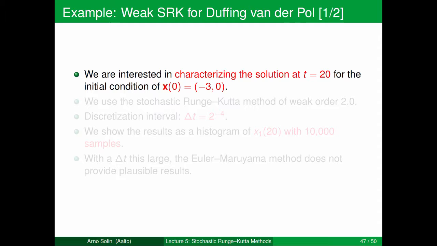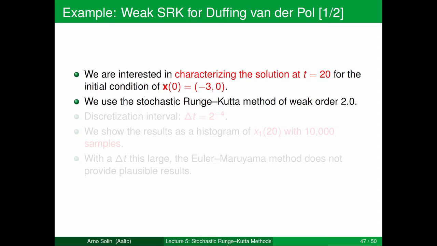The point is -3, 0, which was in between, or in the middle part of, the solution trajectories considered earlier in the example. We use the stochastic Runge-Kutta method of weak order 2, presented just on the previous slide.